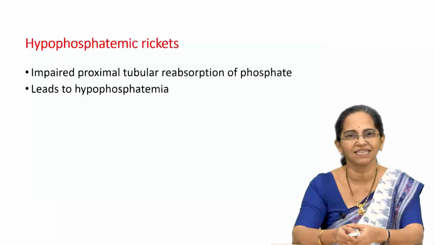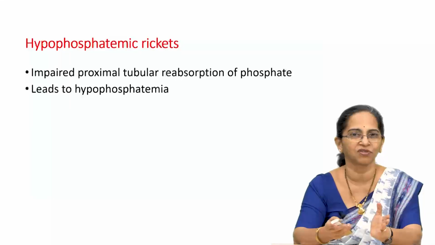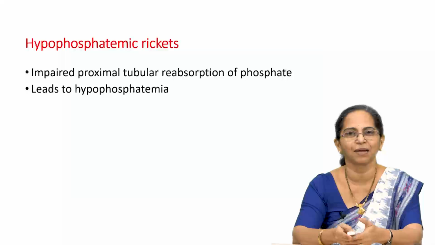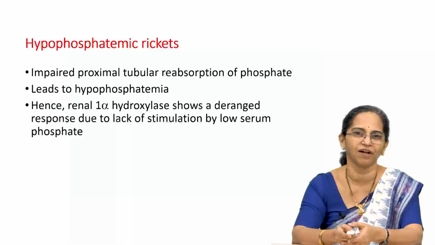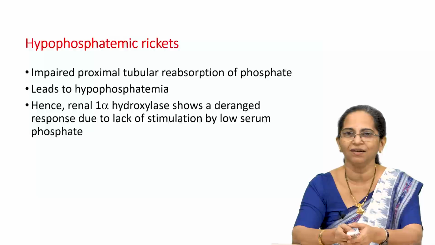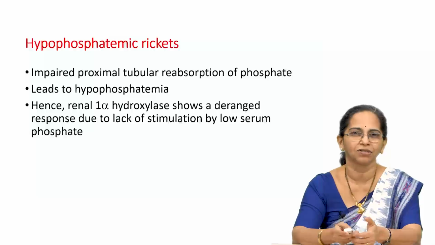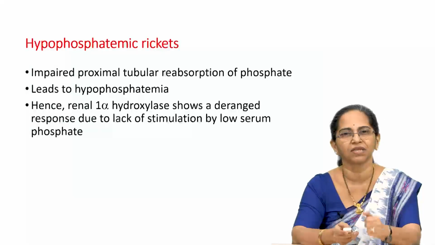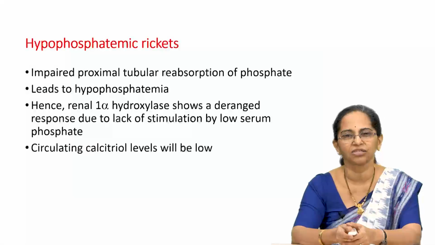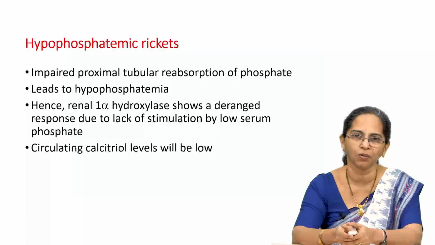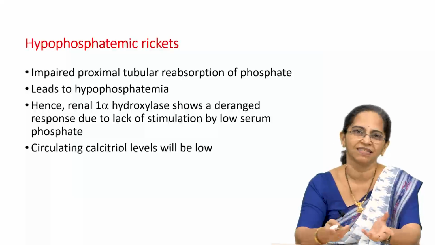Here, there is hypophosphatemia, and due to this there is no proper stimulation of 1-alpha hydroxylase. So, renal 1-alpha hydroxylase does not get a good activation stimulus, due to which calcitriol synthesis will be affected, calcitriol levels will be low, and due to that there is rickets.